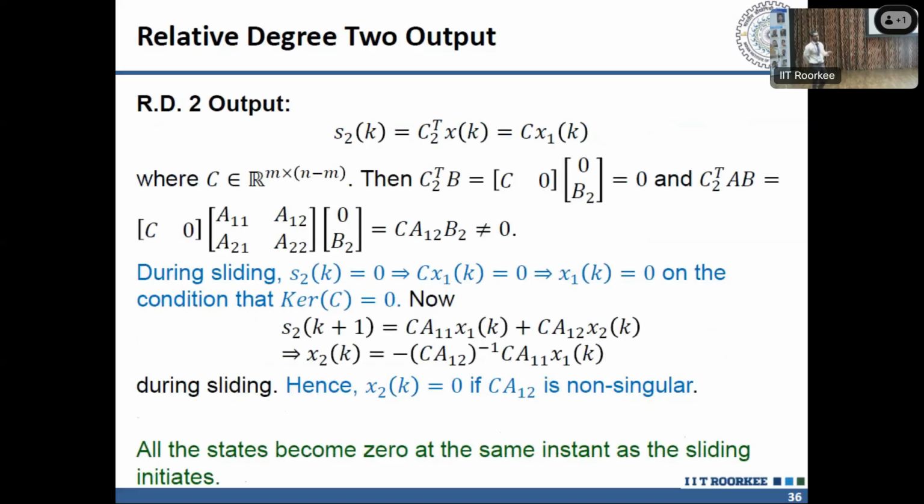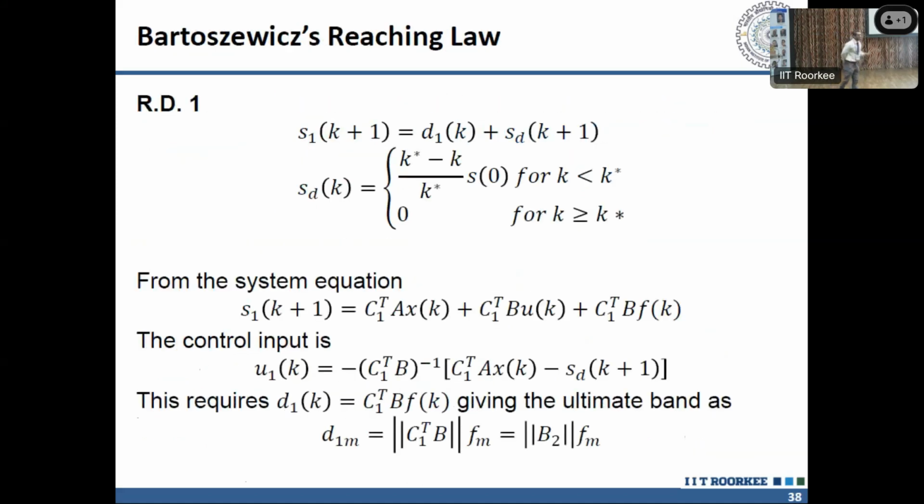When the system is sliding, what is the system doing? We see that when the system is sliding, the states have also become zero. But we have to make the system slide. So how to make the system slide? We have the reaching laws to support us. But the reaching laws were defined for relative degree one sliding variables. Now we are using relative degree two sliding variables, so reaching laws need to be translated to relative degree two reaching.